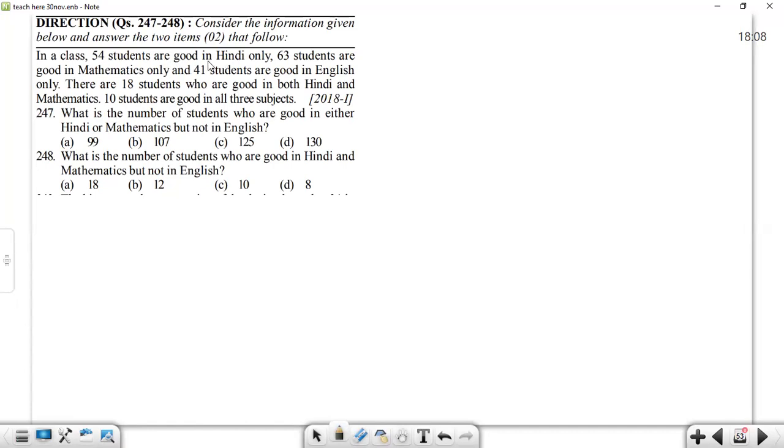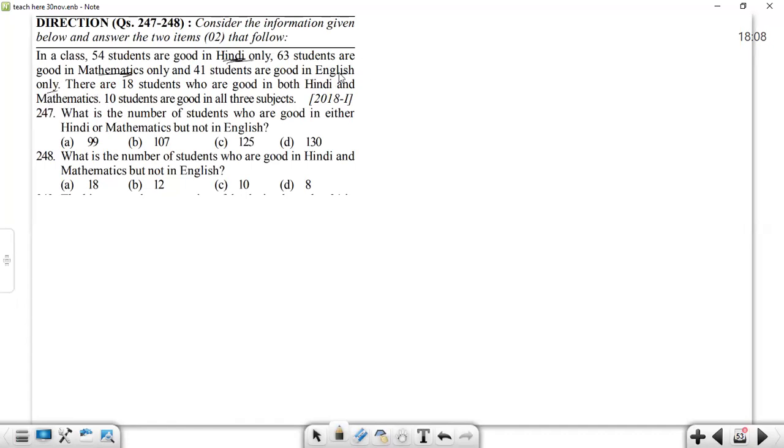In a class, 54 students are good in Hindi only. Now I am going to solve questions like how an NDA aspirant should solve, so only the reading part, not the explanation, of course, because I'm a teacher. Hindi is one set. 63 students are good in mathematics only. 41 students are good in English only.